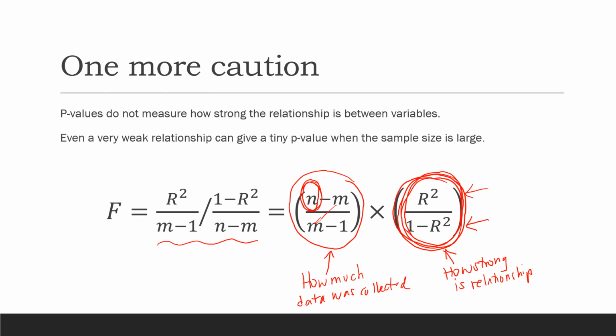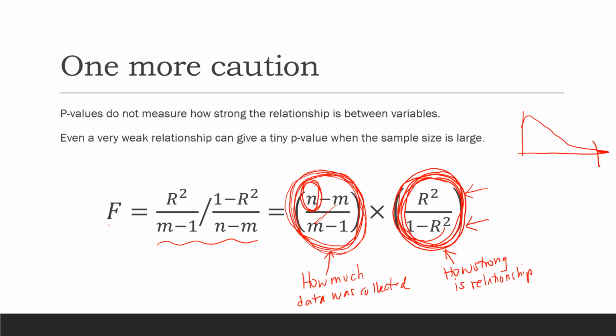If I have a very strong relationship, then even with a relatively small amount of data collected, I can end up with a large value of this F statistic. But it's also true that if I have a very large sample size, I can get a large value over here and a large F statistic and a small p-value, because remember, my F distribution looks kind of like this, and the further out my F statistic is, the less I'm going to have out in the tail beyond it.